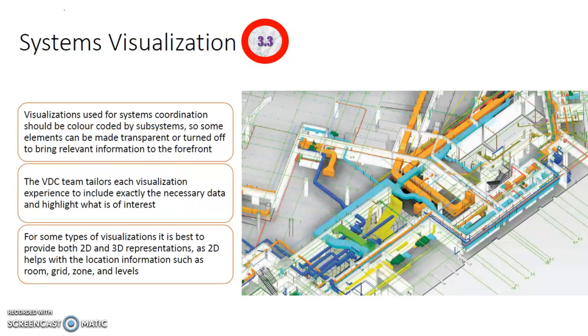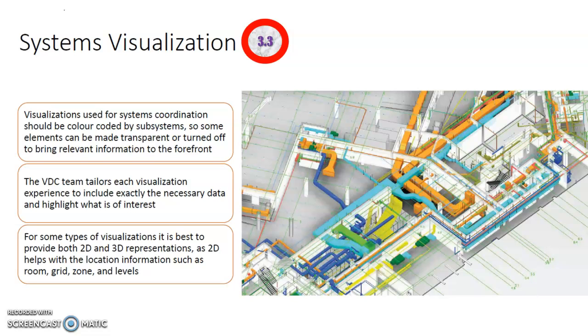VDC can also provide visualization of the different systems that make up the facility. Visualizations used for system coordination can be color-coded by subsystems, so some elements can be made transparent or turned off to bring relevant information to the forefront.